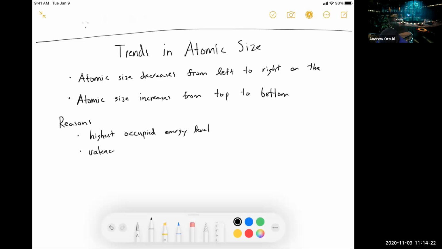Valence electrons occupying higher principal energy levels.